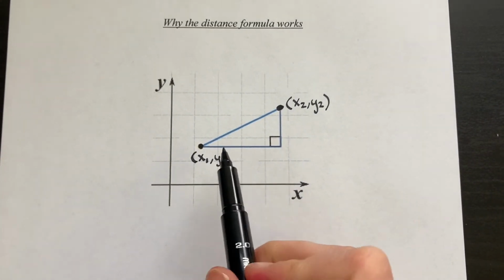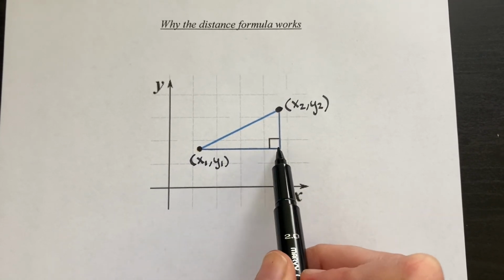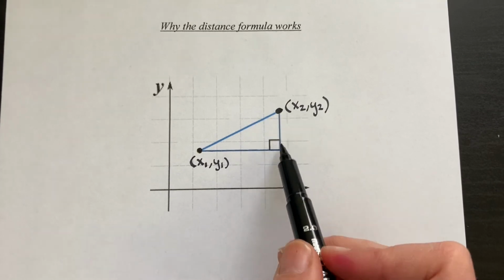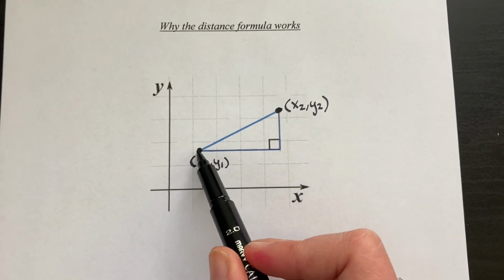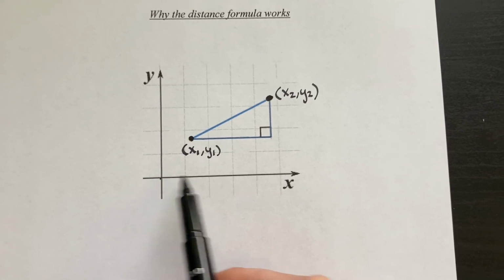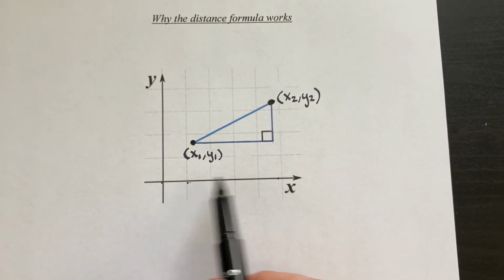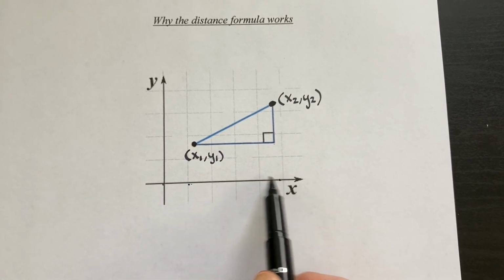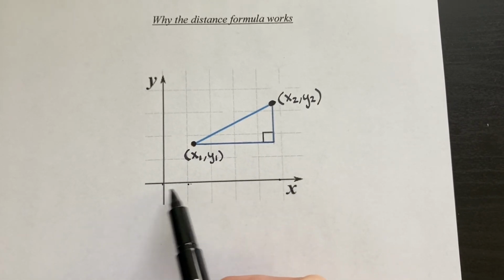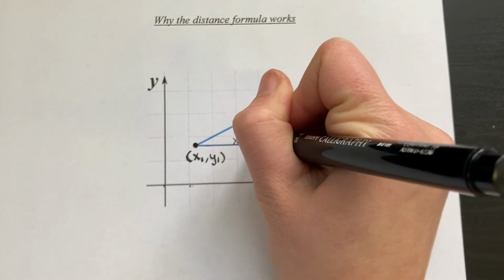If we strictly think of this distance, that distance there would be whatever x2 is minus whatever x1 is, because x2 would be the distance from here all the way to there, and x1 is here. So if we want to find from here to here, we just subtract x1 from x2. So this guy is x2 minus x1.